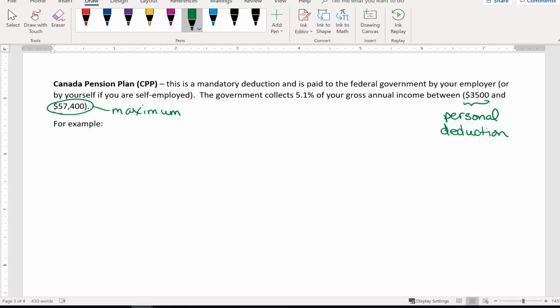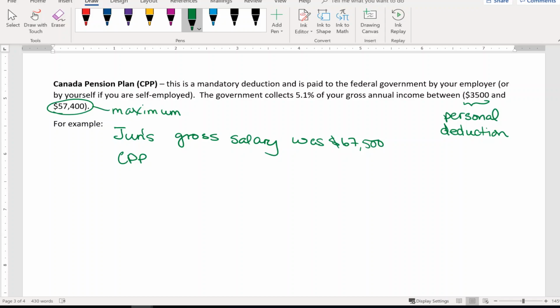So, for example, let's suppose that Jun's gross salary was $67,500 last year. Let's look at what Jun's CPP deductions are going to be. We know that there's a personal exemption of $3,500 and a maximum of $57,400.